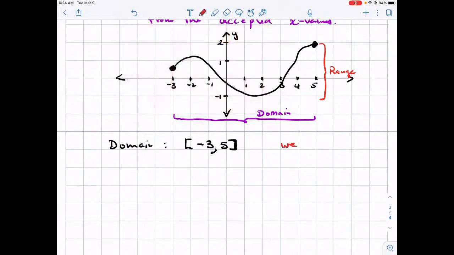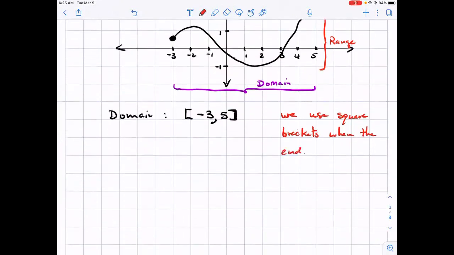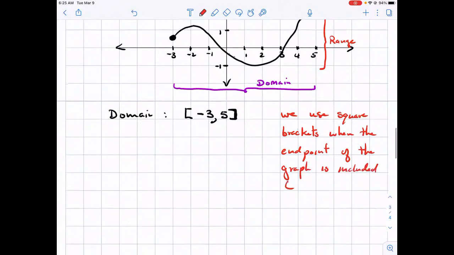We use square brackets when the endpoint of the graph is included, meaning it's a solid dot.